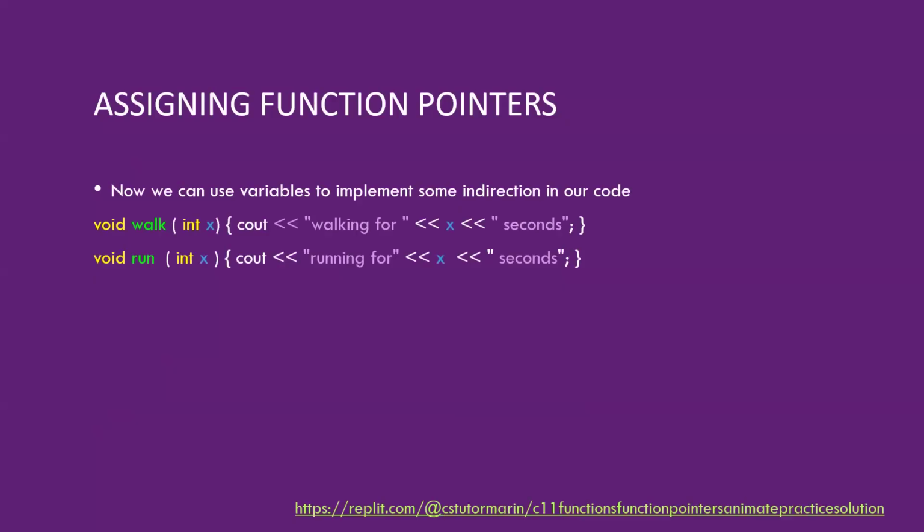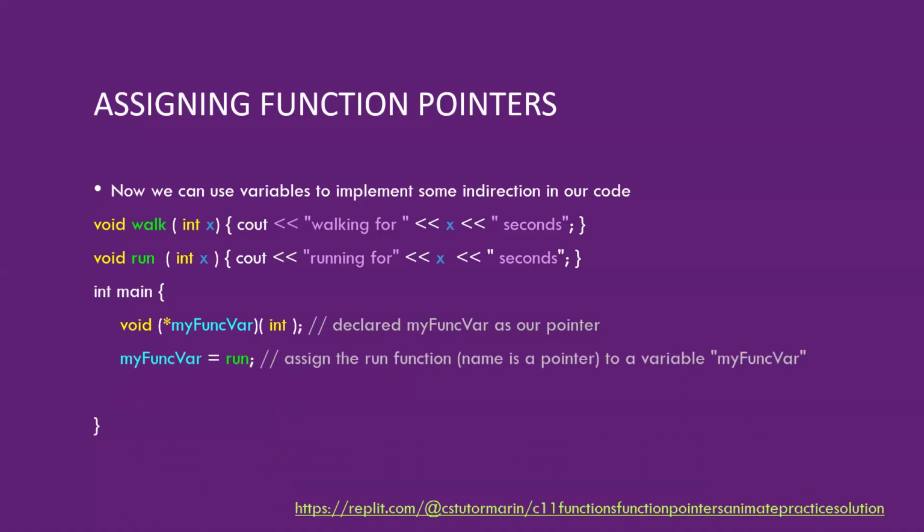Remember also function pointers, it's just another kind of pointer, okay? So here is a variable called myfuncvar. It's a pointer. Pointer to what? Pointer to a function. It just has a very strange syntax that we need to know in order to hold on to a function.